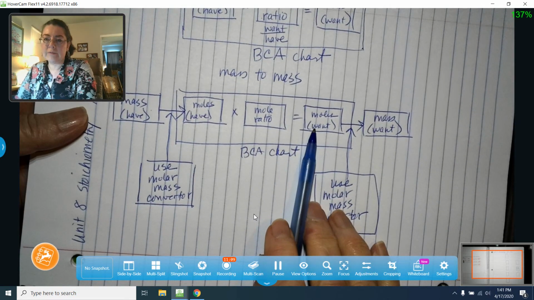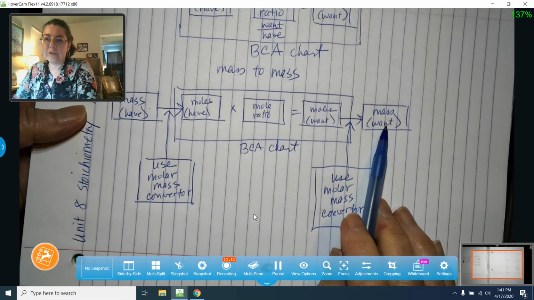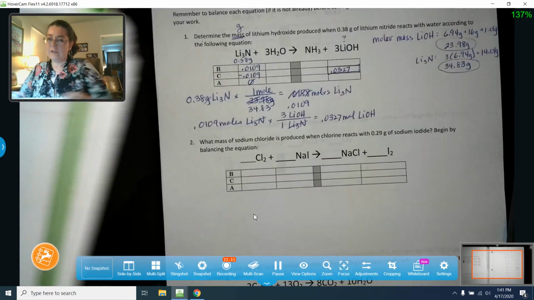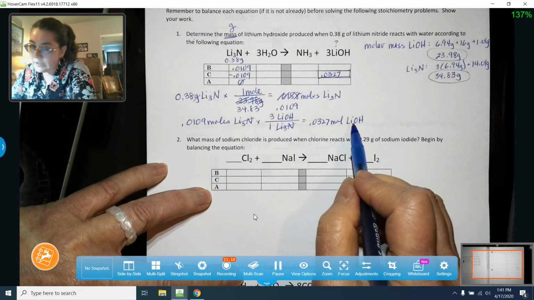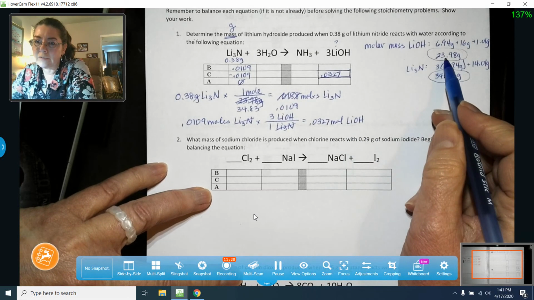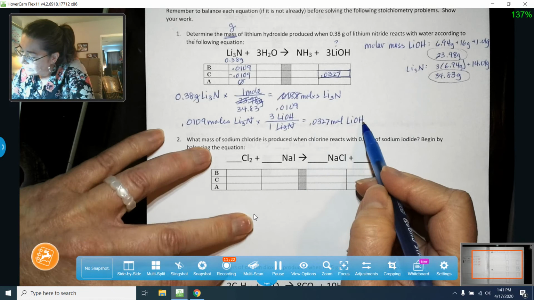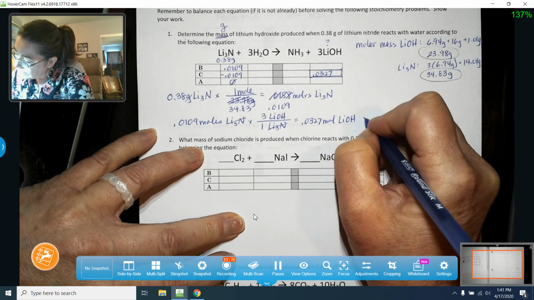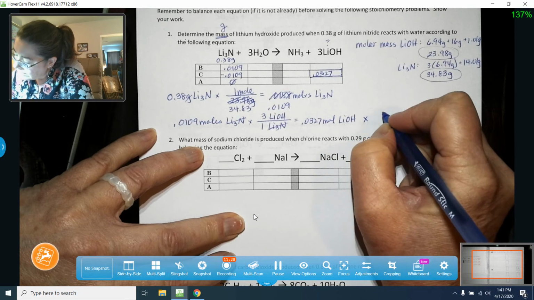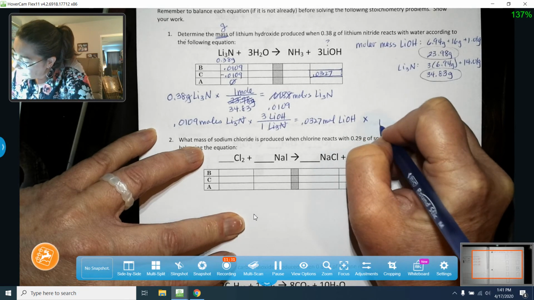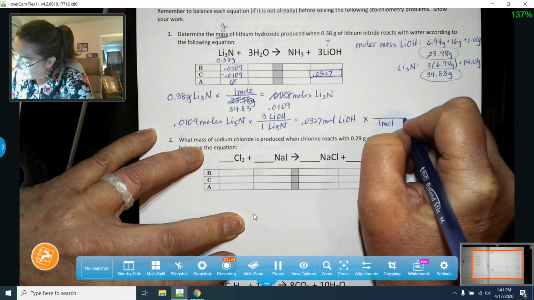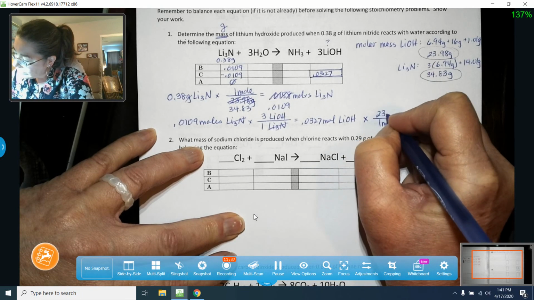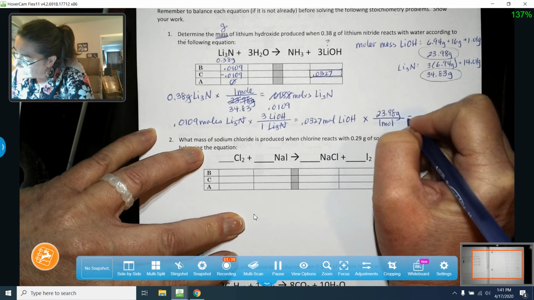Okay, now I am here, and the question is asking for this, so I've got to use my molar mass converter to do that. So I need my molar mass of this, which now I can use this one. So I'm going to take this, and I'm going to multiply it by, this time the 1 mole is going to go on the bottom, because I want moles to cancel. 23.98 grams here.